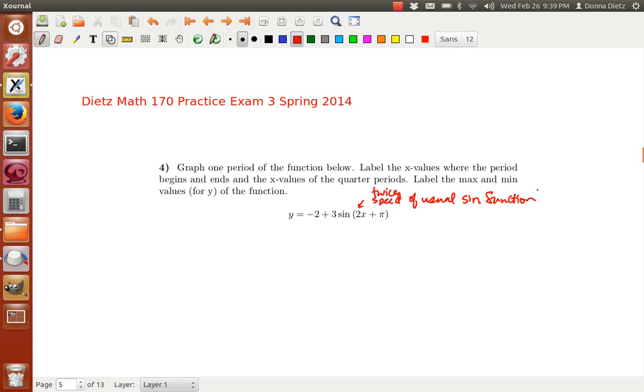So you know that the period is going to be half the normal period, or the period is going to be pi. It takes pi to go all the way around. But this thing is going to tell you you're going to shift by 180 degrees, as we already discussed, or multiply by -1. Same thing.